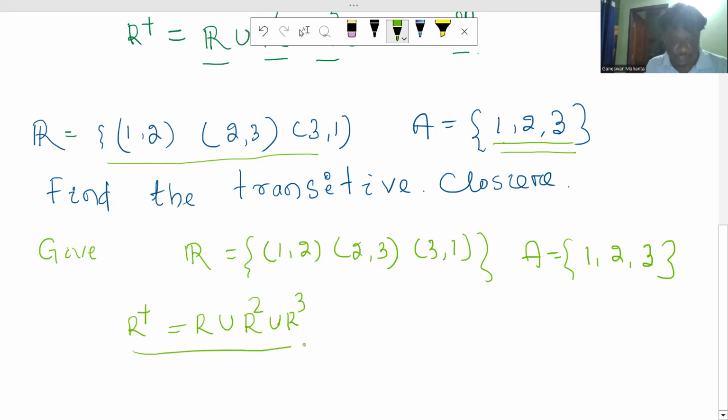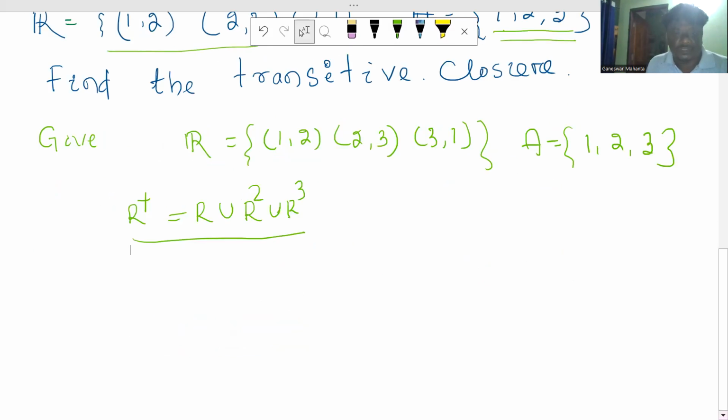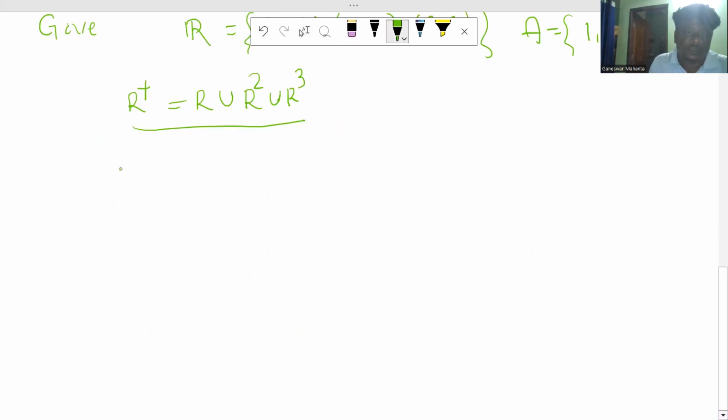This is the transitive closure property, where whatever relations we have, R, R square, R cube, we combine all those relations. This can also be done by the matrix method, R into R, using matrix multiplication.